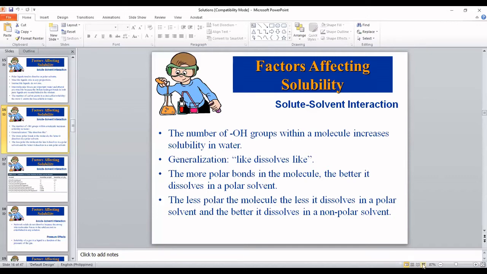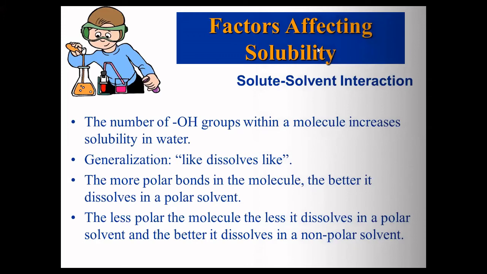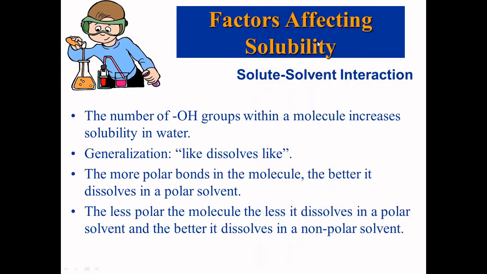Now, the number of hydroxide groups in these alcohols within a molecule increases the solubility in water. Meaning, the more OH you see in your molecule, the more soluble it gets in water. Just like we use the generalization like dissolves like. So the more polar bonds in the molecule, the better it dissolves in a polar solvent.